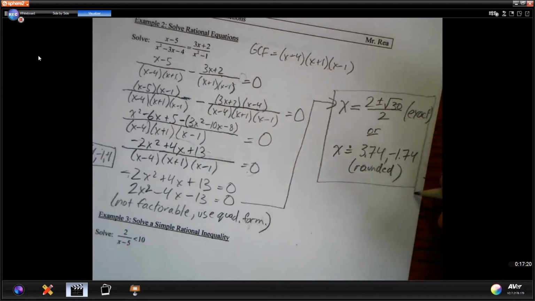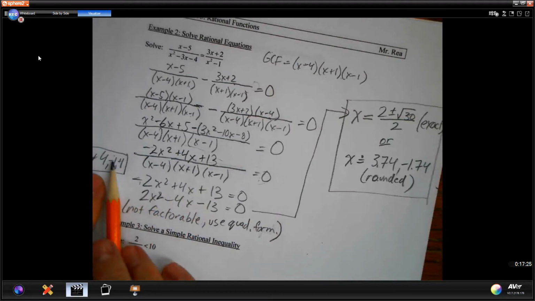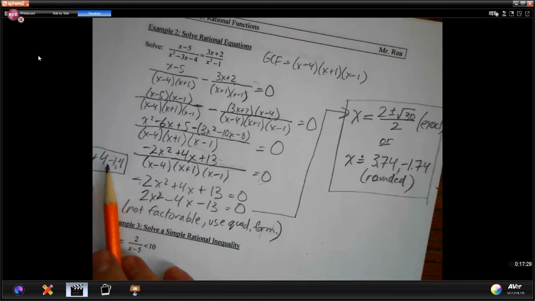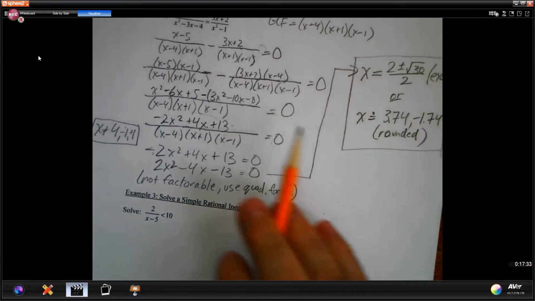Okay, and if we just take a peek back at what x can't be, these solutions don't include any of those values, so we don't have to worry about excluding any of those. Okay, so that's how we would do this.